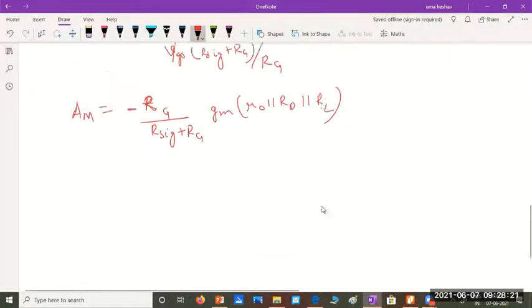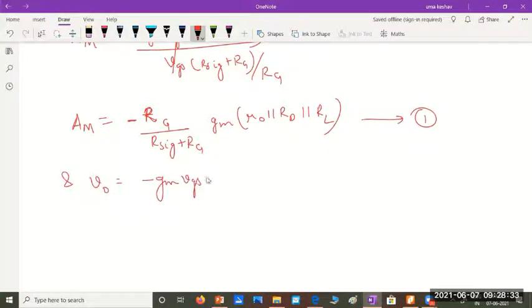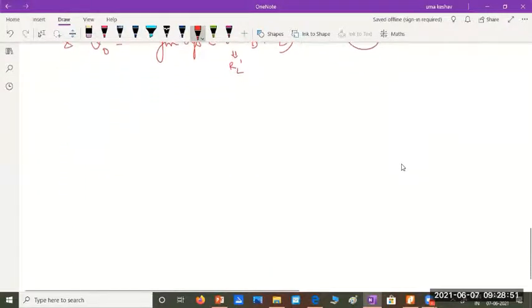This is our actual midband gain. Let's call this equation 1. And Vo is actually given as minus gm VGS into RL dash, which is ro parallel RD parallel RL. We can call this RL dash. Remember these two equations. Now, let's move on to find the high frequency gain.